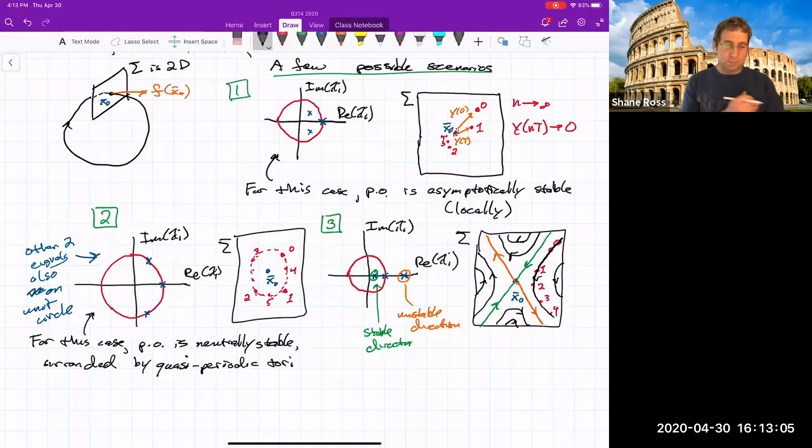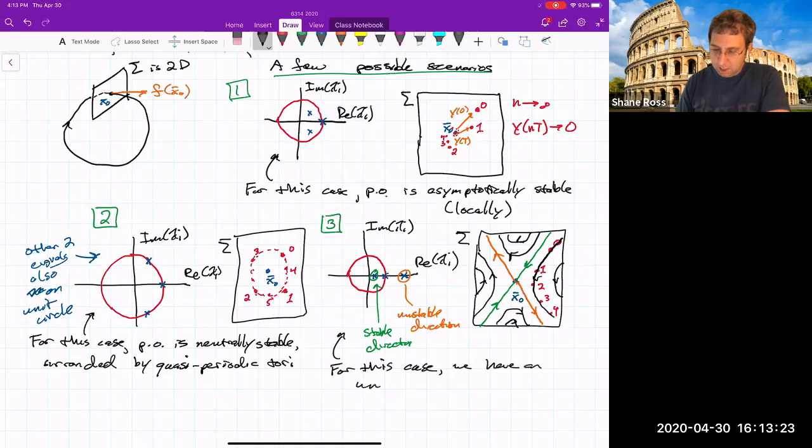So how would we describe this? I mean, technically, this is an unstable periodic orbit, at least of these three scenarios. It's definitely the least stable. So for this case, we have an unstable periodic orbit. I would call it a saddle type, just to remind myself that there is a stable direction.